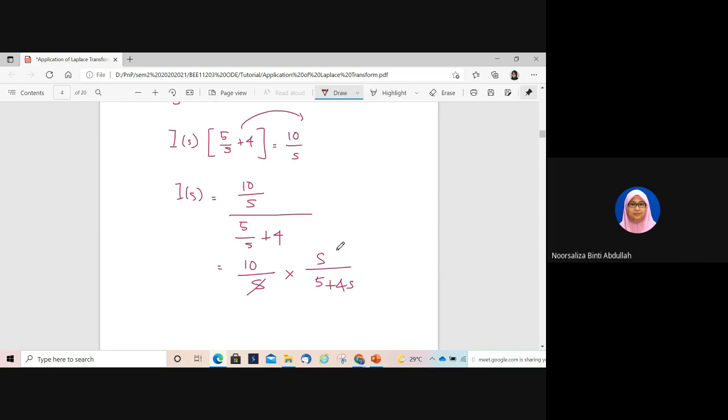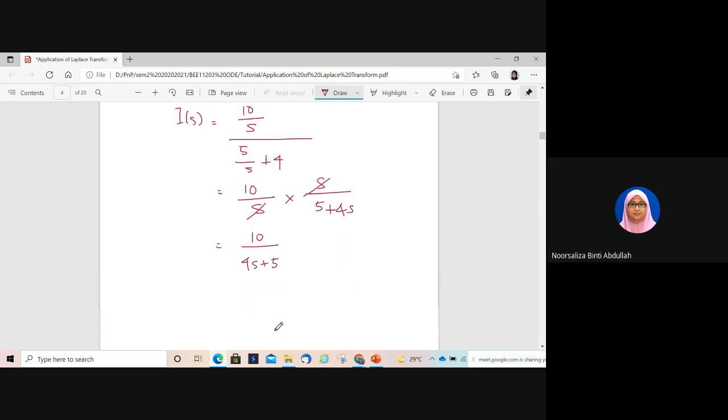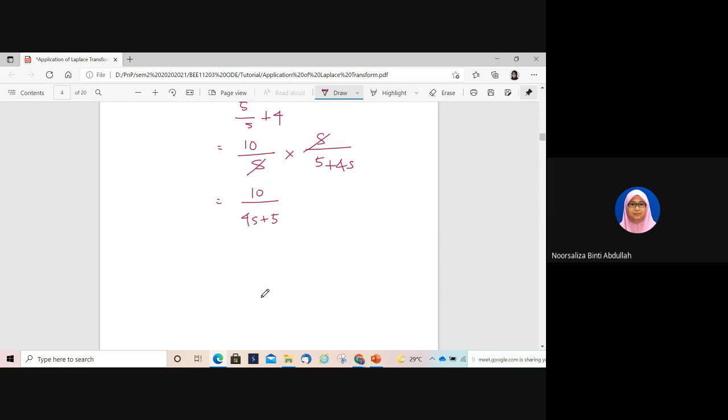Okay, so S and S here cancel. So you have here 10 over 4S plus 5. Always remember that if you want to solve any Laplace transform or Fourier transform, this S must be a single S only. Then you factor this out, you will get 10 over 4S plus 5/4.